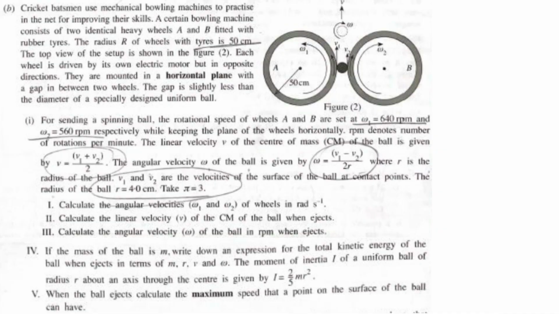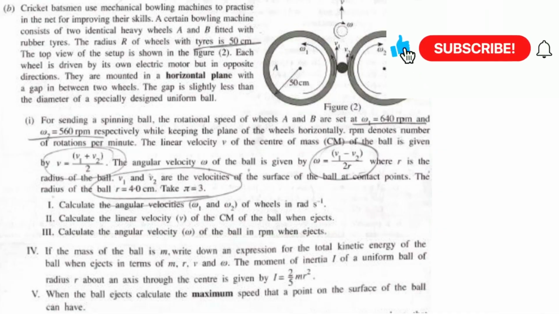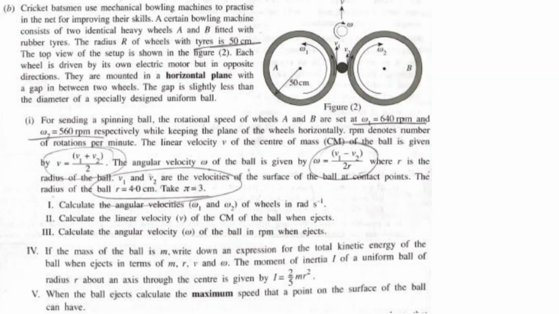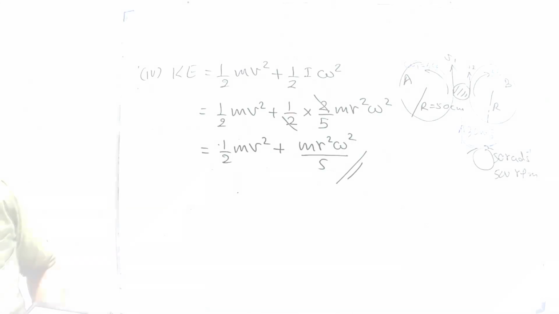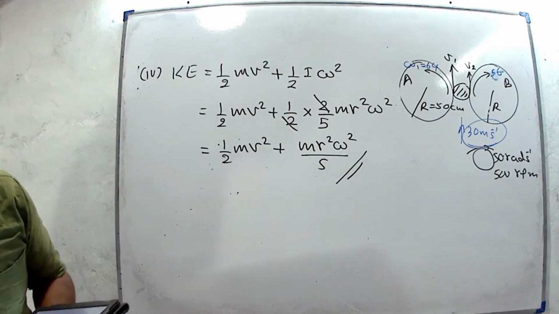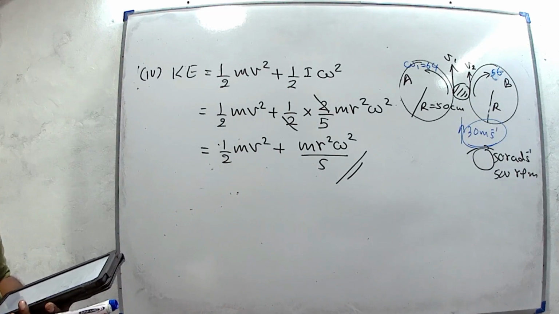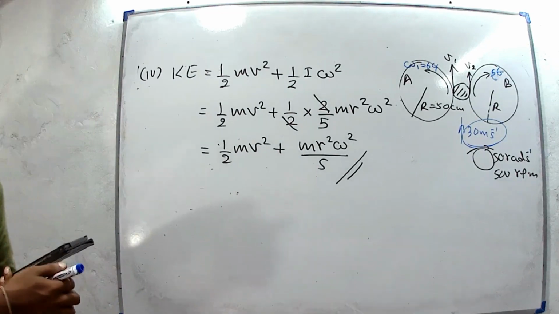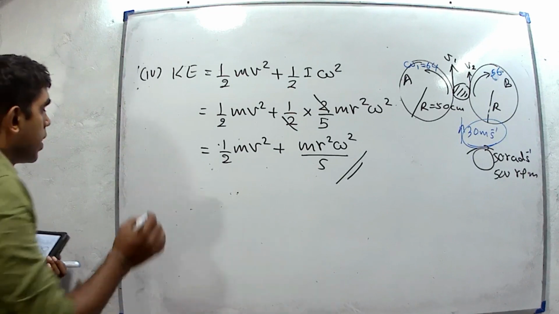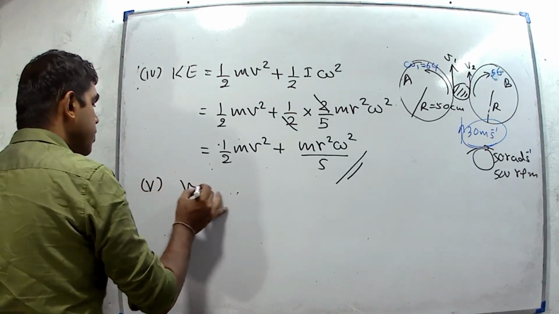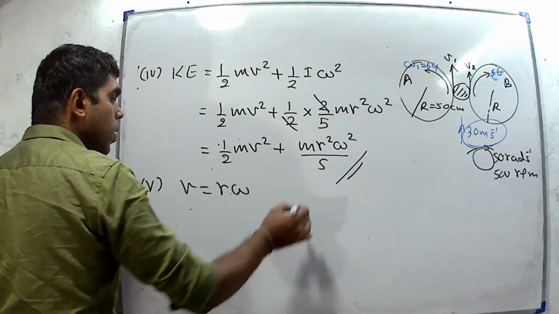Then part 5. When the ball is ejected, calculate the maximum speed that a point on the surface of the ball can have. We can use v equals r omega for the ball.